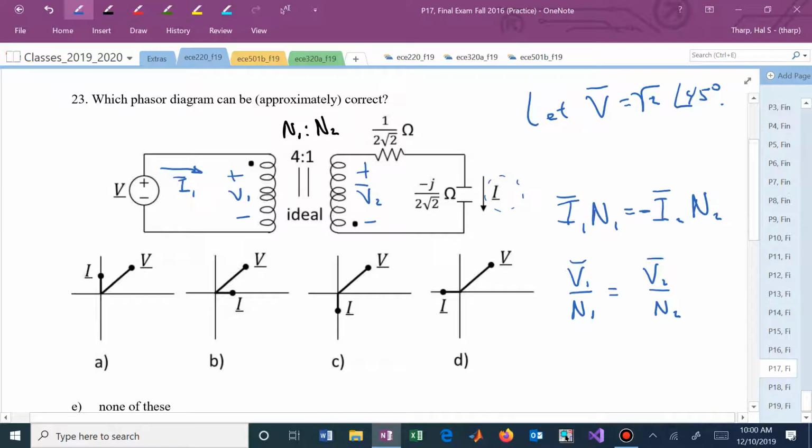And here, the way I assigned V2, I just flipped it. So I have a negative sign here as well, because my negative terminal on V2 is at the dot. My positive terminal on V1 is at the dot. That says you need a negative sign in your turns ratio.